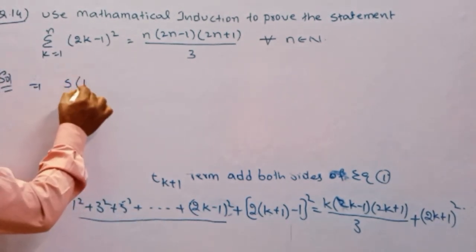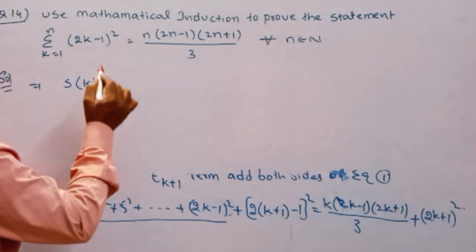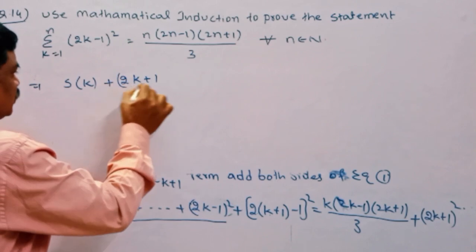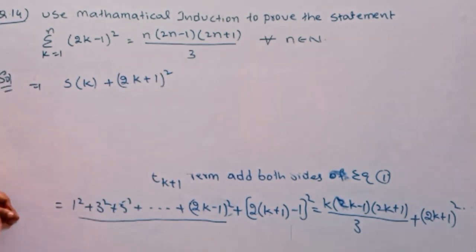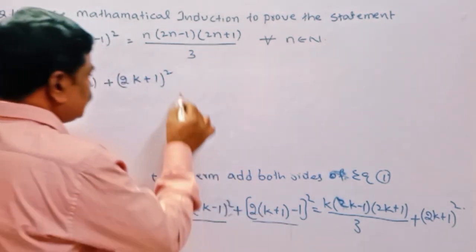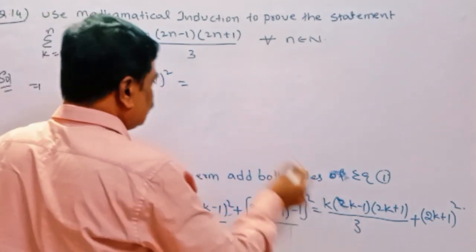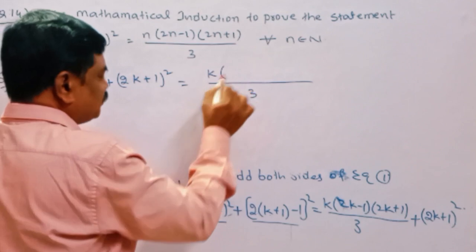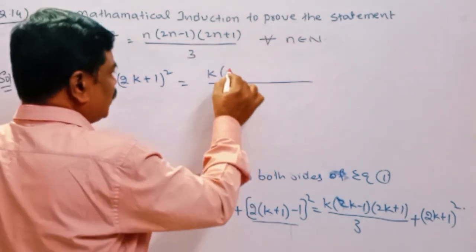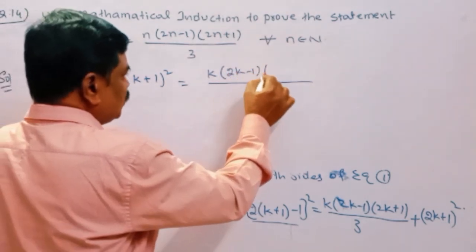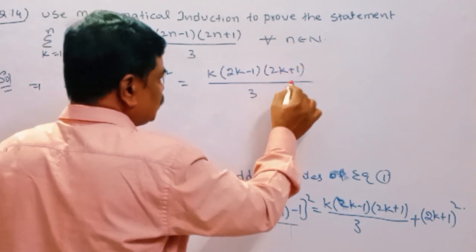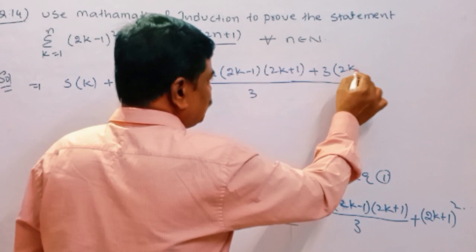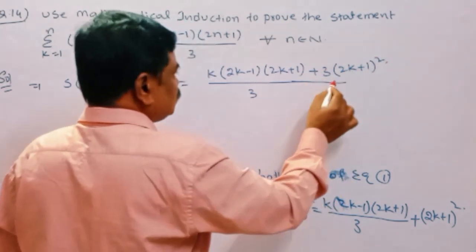S of k plus (2k plus 1) whole square is equal to, here LCM is 3, k(2k minus 1)(2k plus 1) plus 3(2k plus 1) whole square.